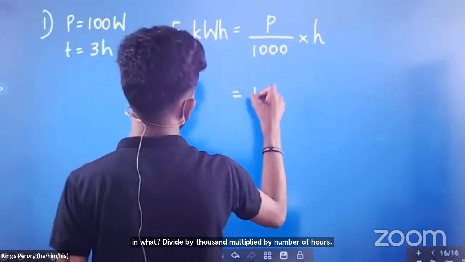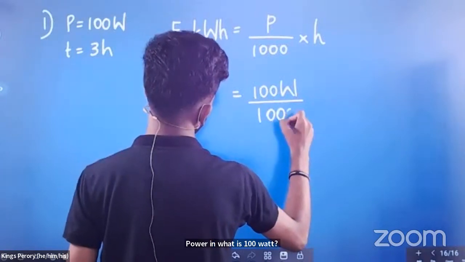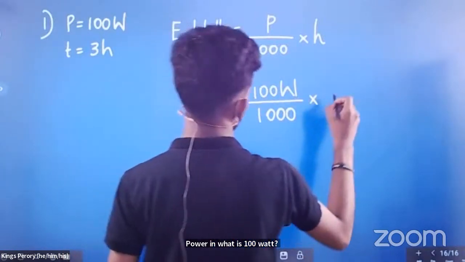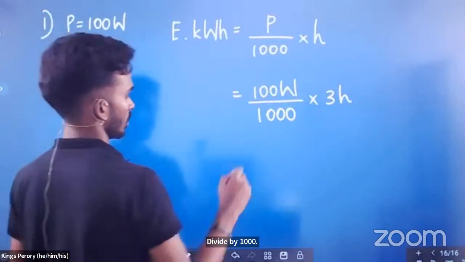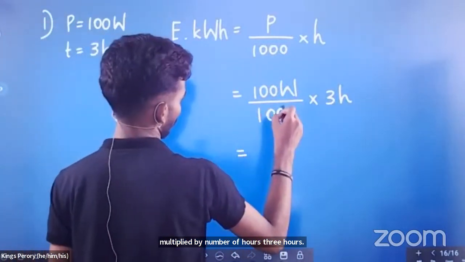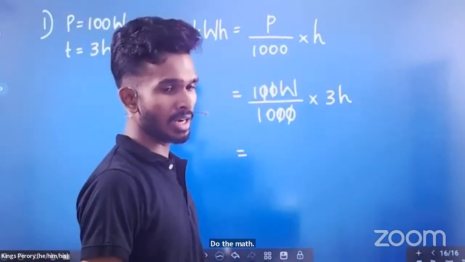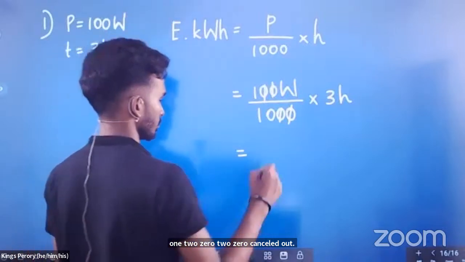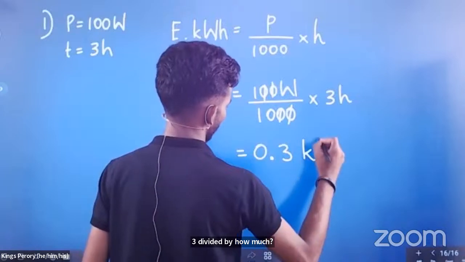Power is 100 watt, divided by 1000, multiplied by 3 hours. Do the math. The zeros cancel out. 3 divided by 10 is 0.3 kilowatt hour.